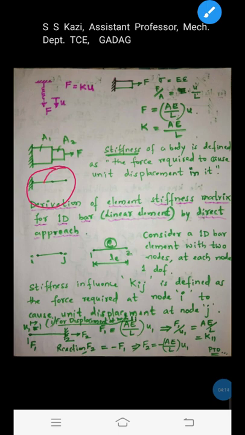Now let us consider one of the elements of this one dimensional bar, and we will derive the stiffness matrix for it, so that we can use that element stiffness matrix for a single element, generate the matrices for both the elements or more, depending on the type of problem, and after that assemble those matrices to get the global stiffness matrix and equilibrium equation to find the unknowns.